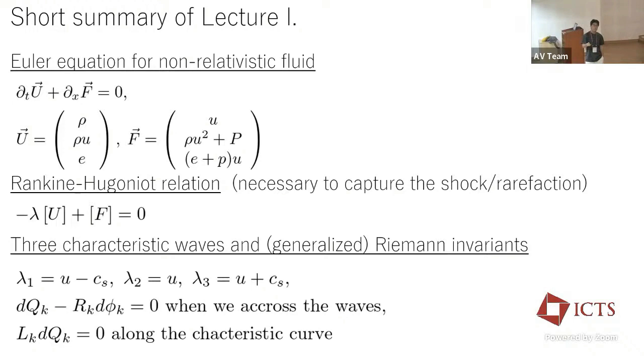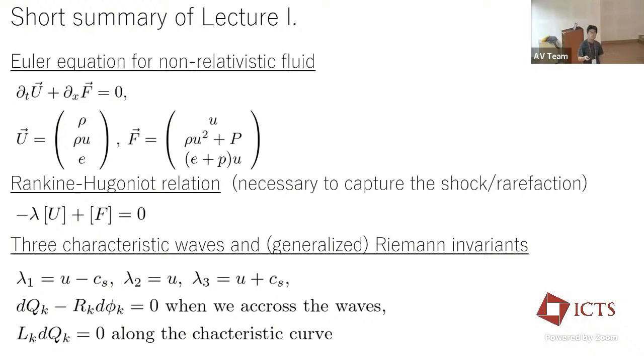The Rankine-Hugoniot relation is given by this characteristic speed lambda and the bracket of u, which measures the difference before and after the discontinuity, and also the bracket of f, the difference in the flux as well.